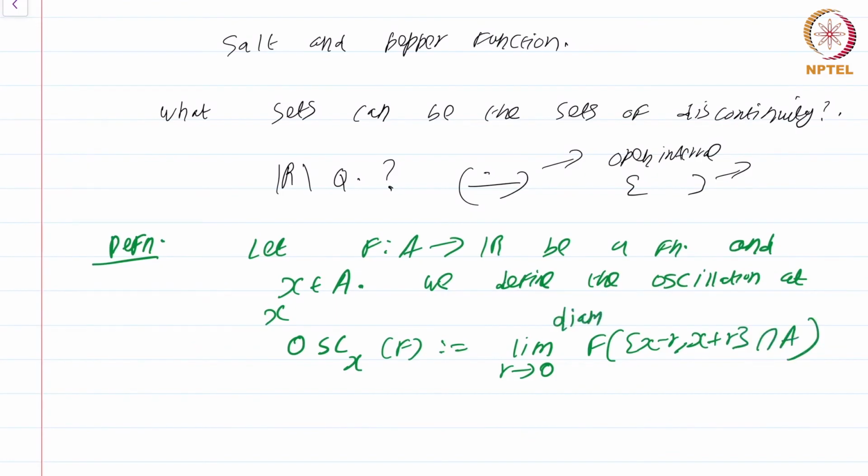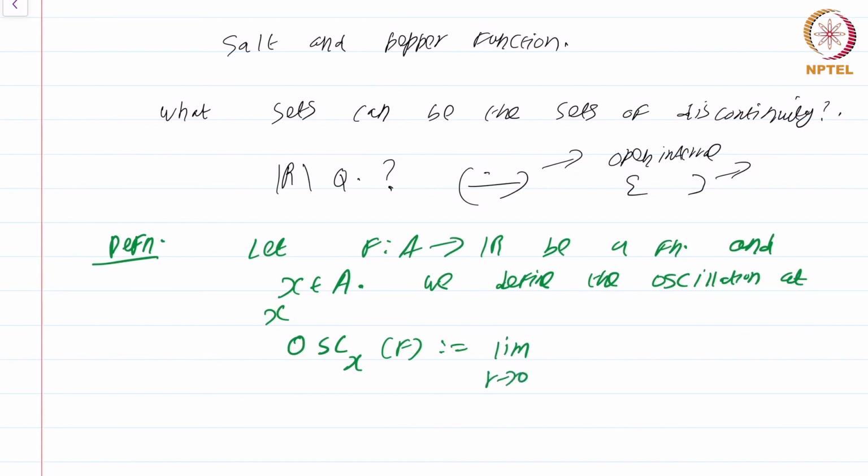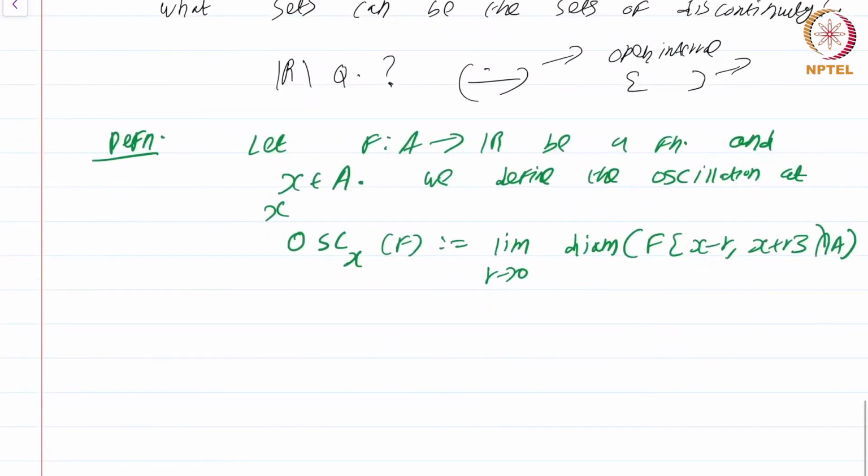So let me just write that down precisely. This is the limit as r going to 0 of the diameter of f of the closed interval [x minus r, x plus r] intersect A. Now I must tell you what this diameter is, right?